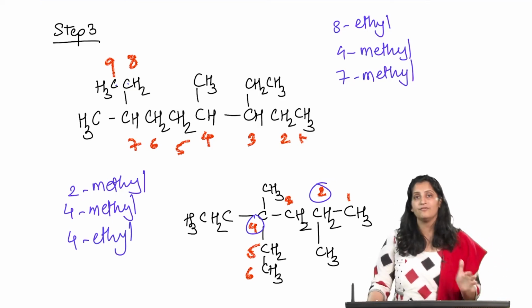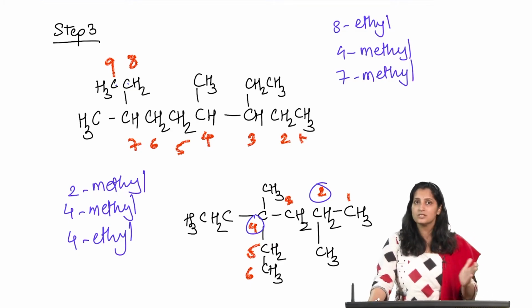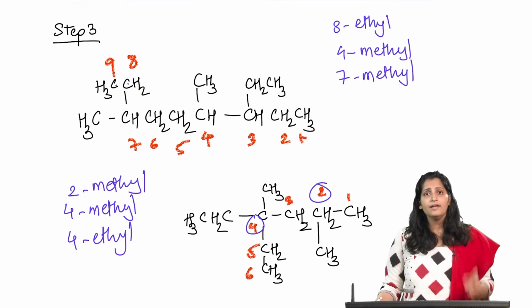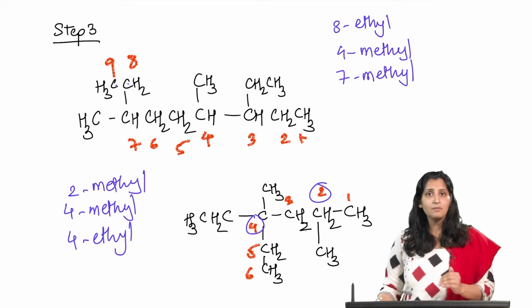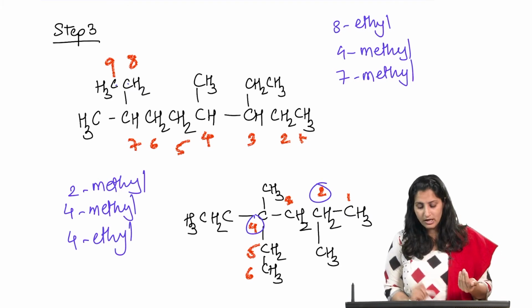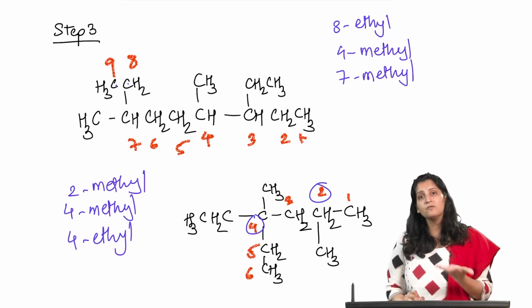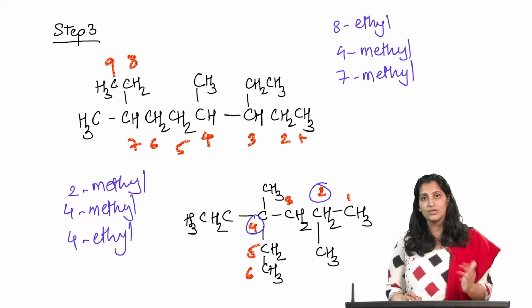Okay. So, now we have looked at how to identify and number the substituents and also write them down. If there are two substituents on the same carbon, then we give them both the same number. So, like in this case on carbon number 4 we had two groups, methyl and ethyl, and both of them will have the number 4 associated with them.